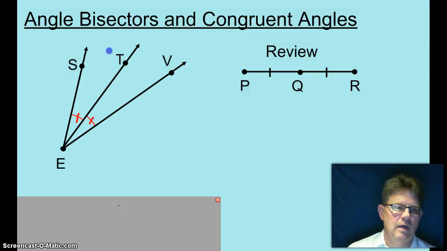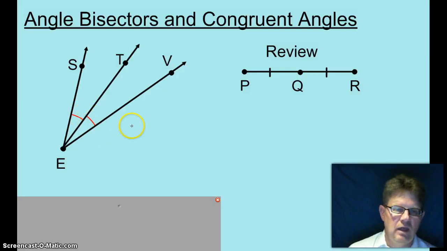Some teachers do that. I don't do that. Instead of doing that, I will put double arcs for different angles. So angle SET is congruent to angle TEV because they both have single arc marks.